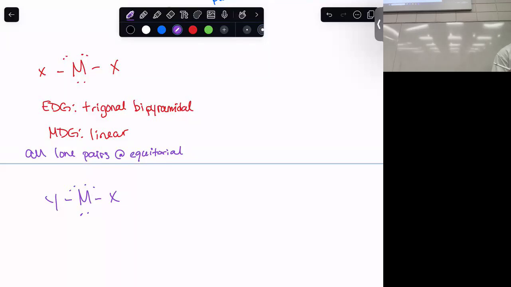Because you just think about the north and south pole, right? If they're both pointing in or both pointing out, they're still in the same straight line, and so that would cancel each other out. This one is nonpolar. This one is polar.